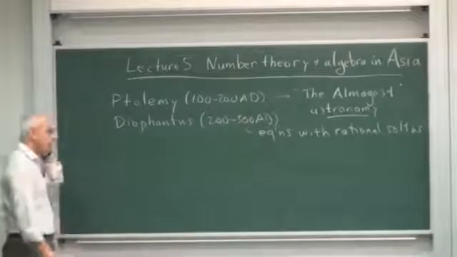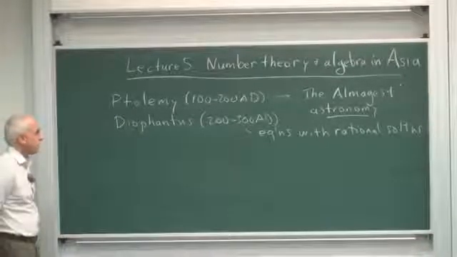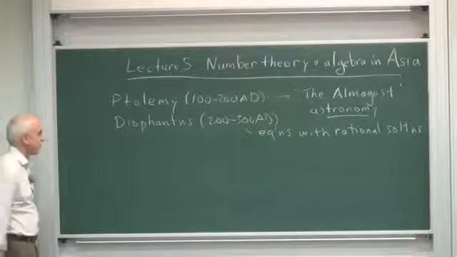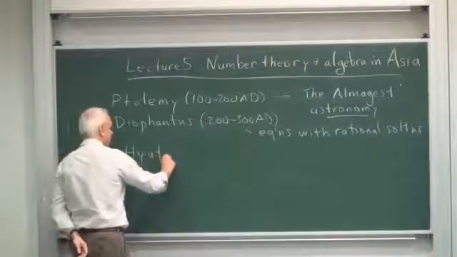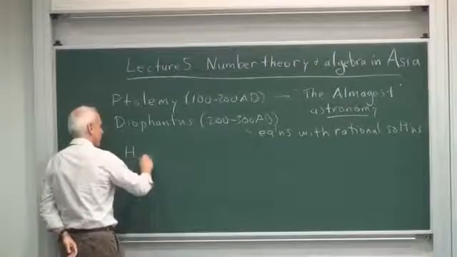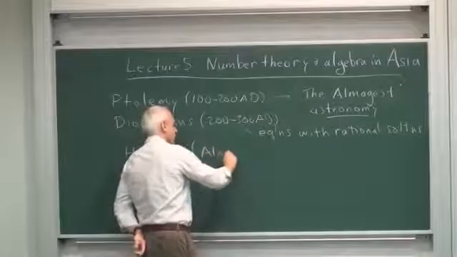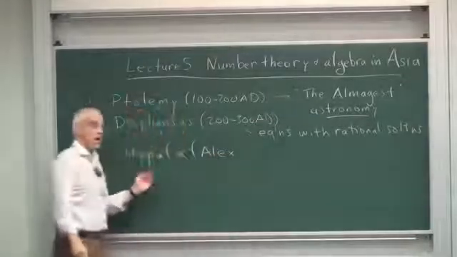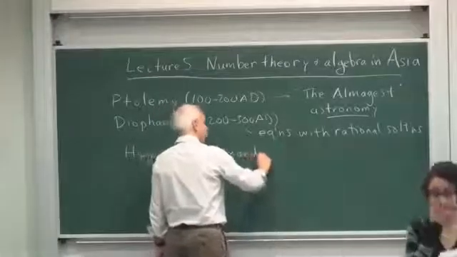So today we're going to leave the ancient Greeks. The ancient Greek period perhaps ends with the dramatic death of Hypatia, who was one of the only female mathematicians in our story, especially in the ancient world.